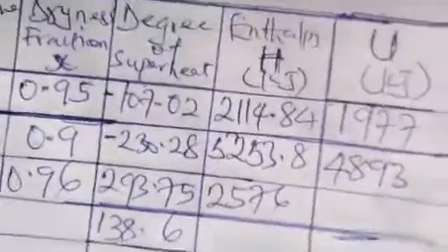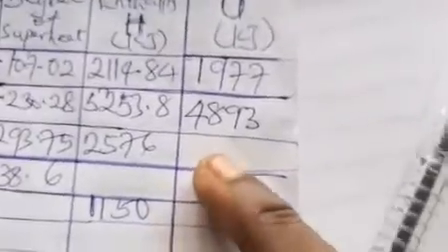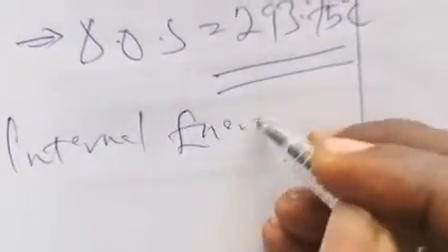Okay, finally we need to find the internal energy. You know, specific internal energy U is equal to UF plus X UFG.